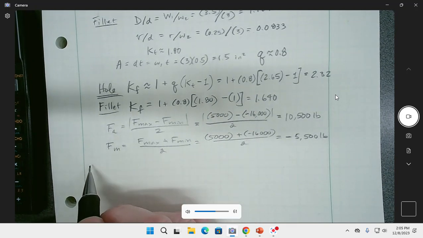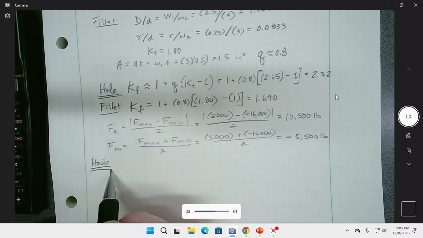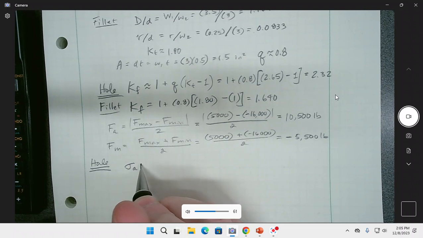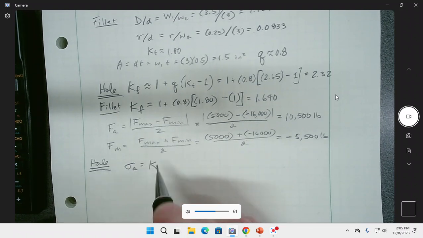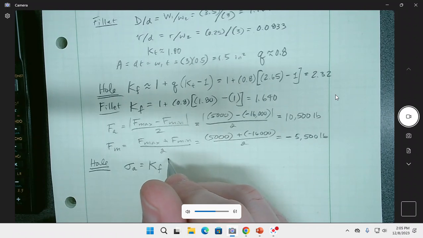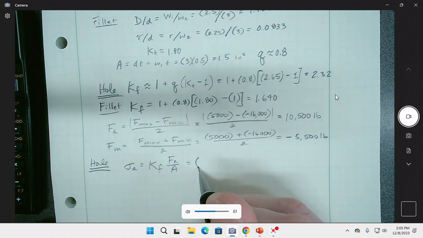Now what we're going to find is the alternating stress is going to be Kf times Fa over A. Did I get that right?